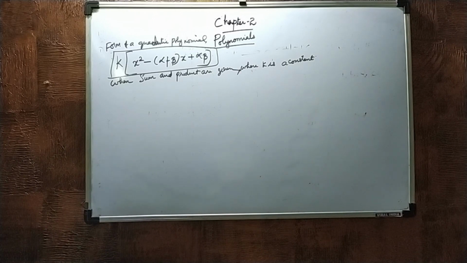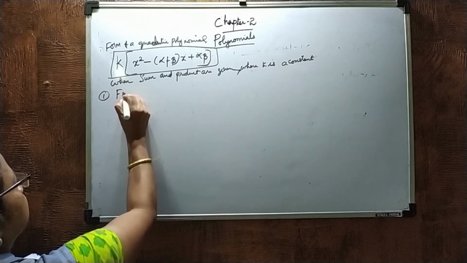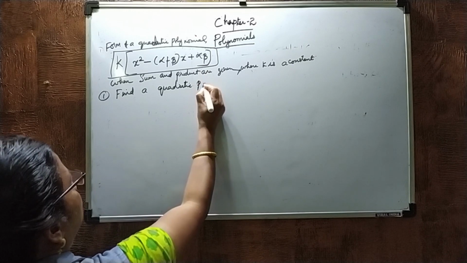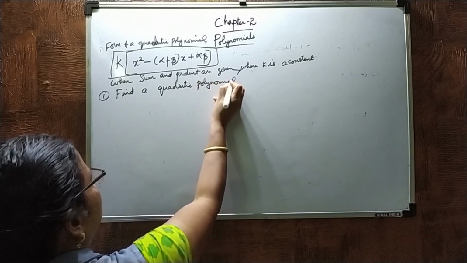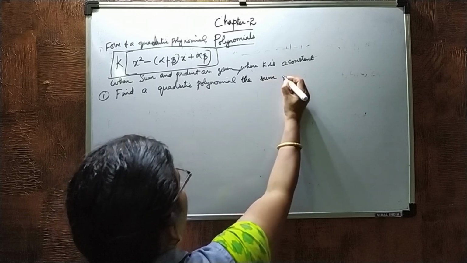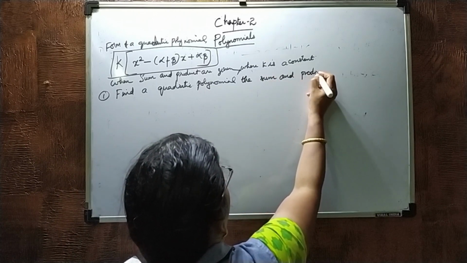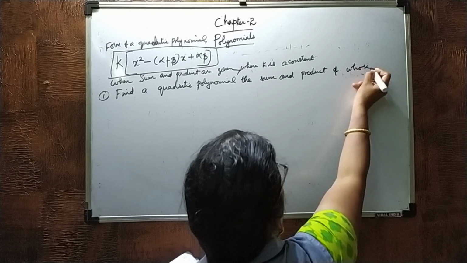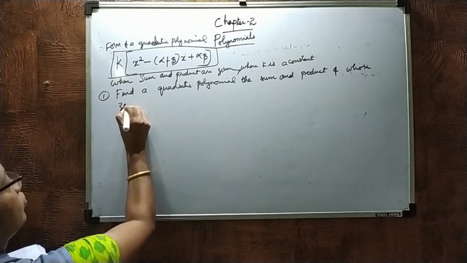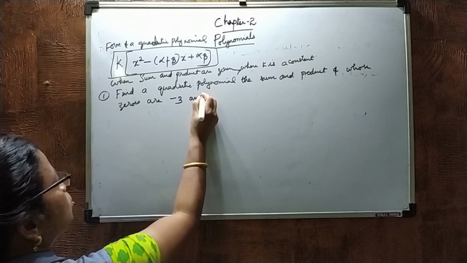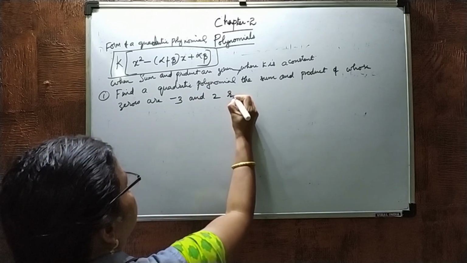Now we'll start the first question. The question is: find a quadratic polynomial, the sum and product of whose zeros are -3 and 2 respectively.